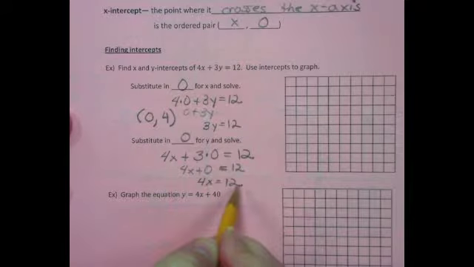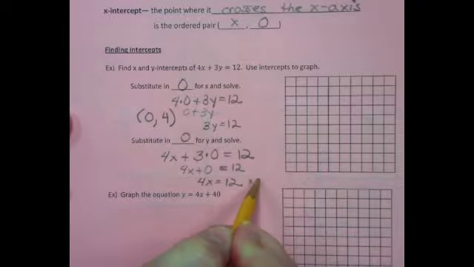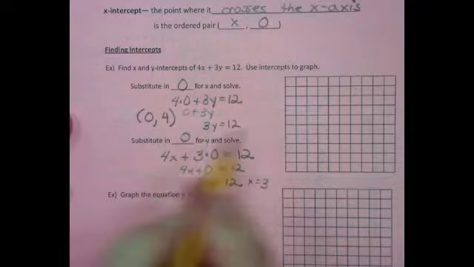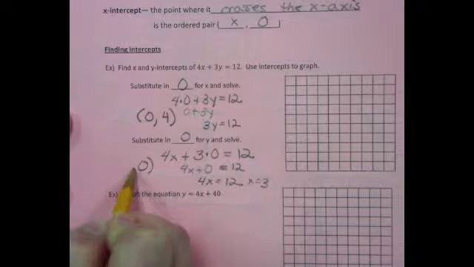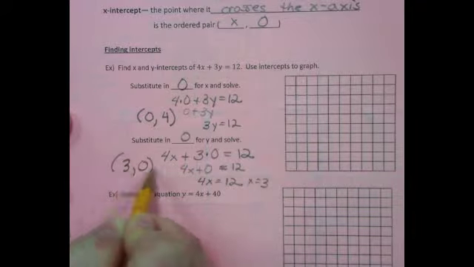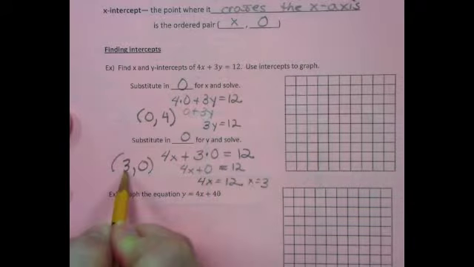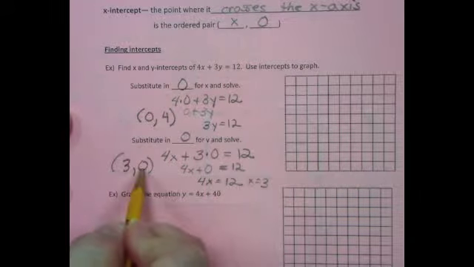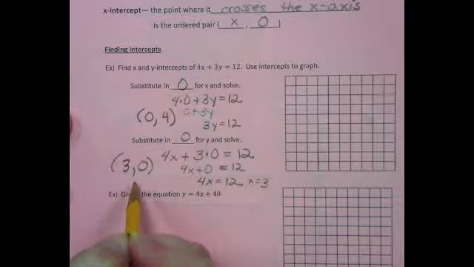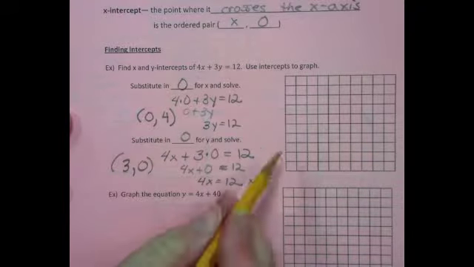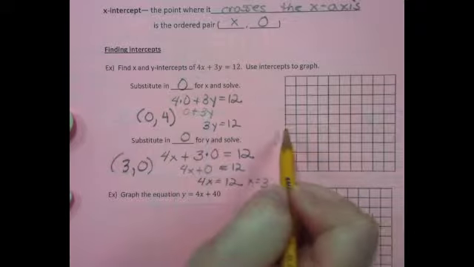Therefore, x must be 3. So when y is 0, the x is 3. And make sure you put them in the right spots. X was 3, x comes first, y was 0, you know y comes second. Now we have 2 points and we can graph our equation.